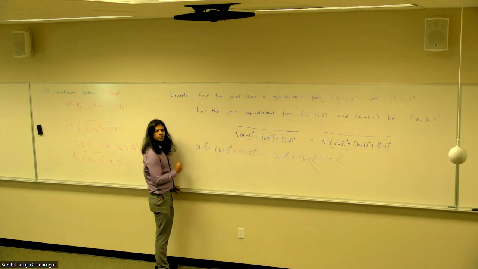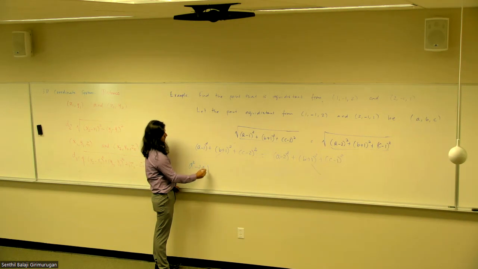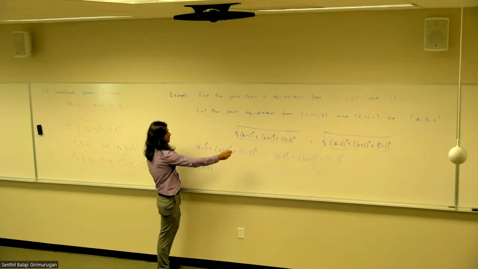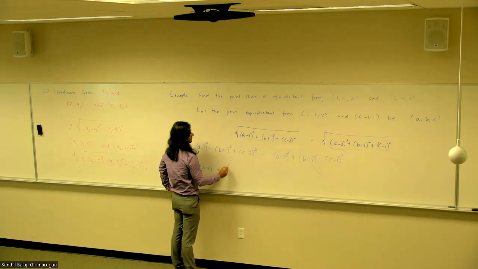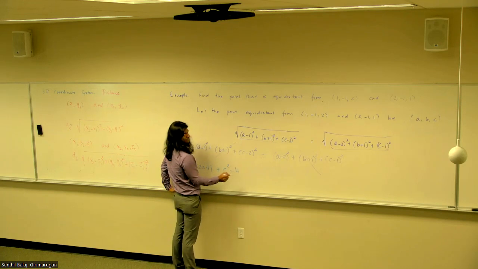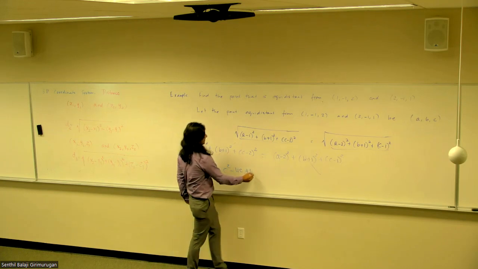A minus 1 squared is A squared minus 2A plus 1. Agreed. How about that? C squared minus 4C plus 4. Sorry, 4C, I did the same thing when I wrote it.